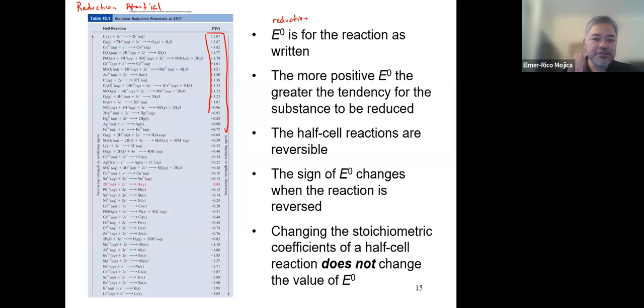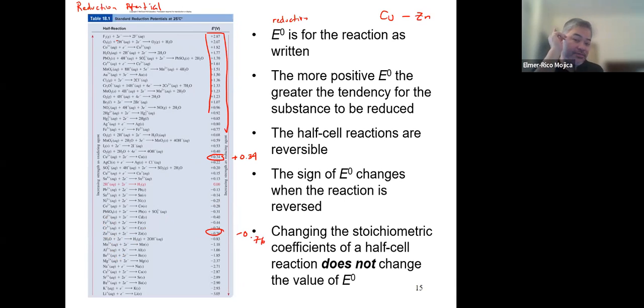Before we go on, let's go back to the copper and the zinc. Let's compare the copper here, which is a positive 0.34, and zinc, which is a negative 0.76.